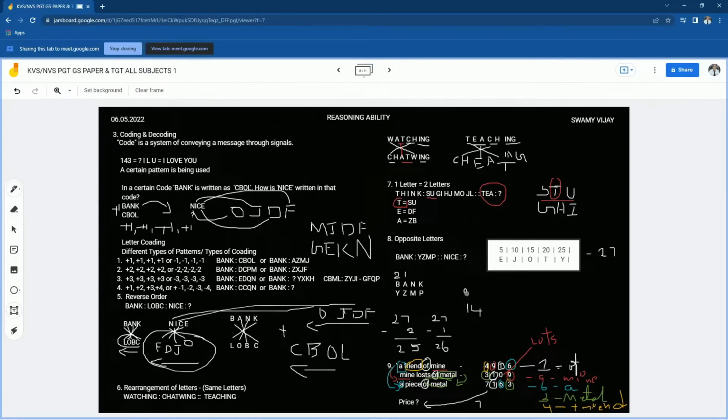Yes, sir. Then minus 14 from 27. Tell me 27 minus 14. आराम से बताओ. 13. Now tell me what would be the letter after J, because J is 10. K L.